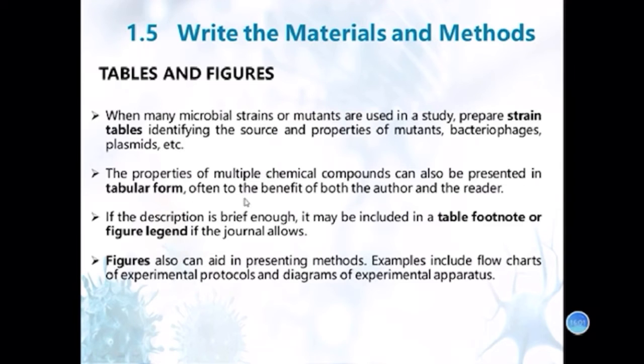It will benefit both the author and the reader. If the description is brief enough, it may be included in a table footnote or figure legend if the journal allows. Figures can also help in presenting methods. Examples include flowcharts of experimental protocols, or a diagram of the experimental apparatus.